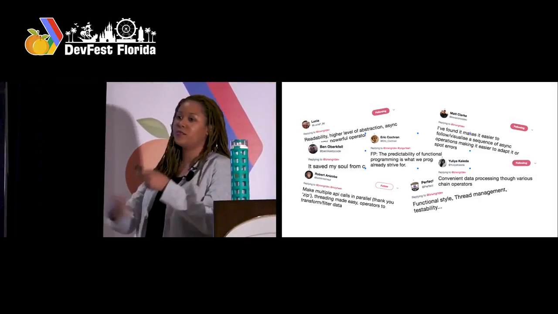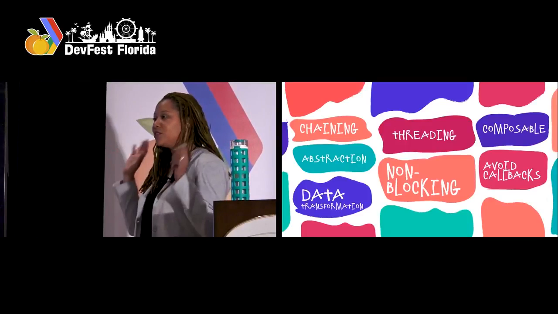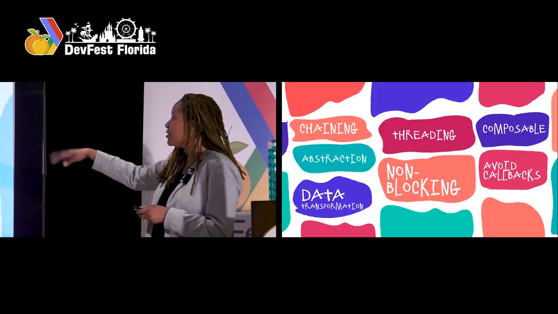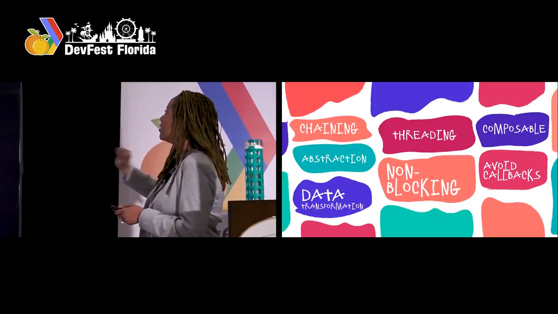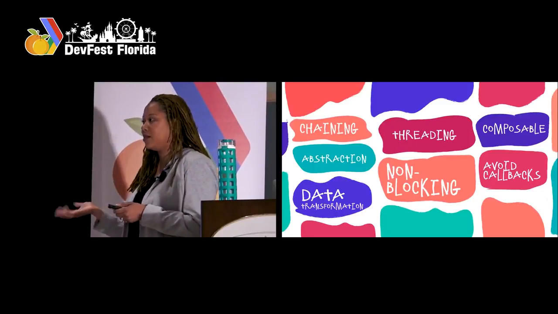So I took all of the responses that came in, and then I grouped them into these categories. So these are some of the main things that people love about RxJava. We have chaining and abstraction, data transformation, threading, composability, avoiding callbacks, and doing things in a non-blocking manner.